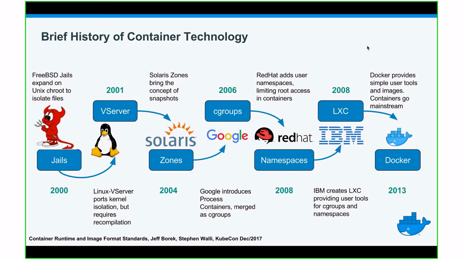If you look for containers in the kernel, there's no such thing as containers. In the kernel, it's just cgroups and namespaces. The easy version would be cgroups and namespaces. The harder version would be that you also add some security with seccomp filters.